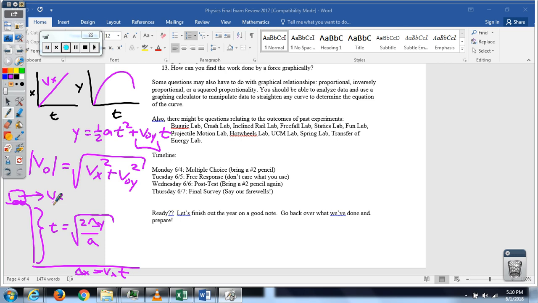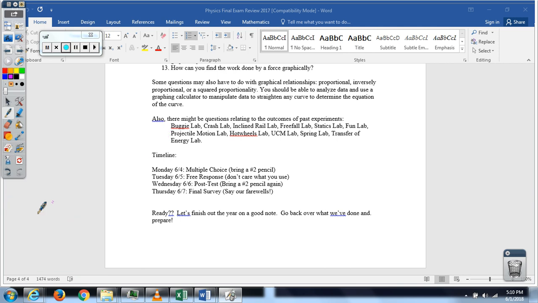The UCM lab was the stopper on the string, and the information that we graphed here was v with respect to r. So you had to keep in mind that we kept the force constant, so Fc was constant, so that means the acceleration was constant, because the mass of the stopper never changed.